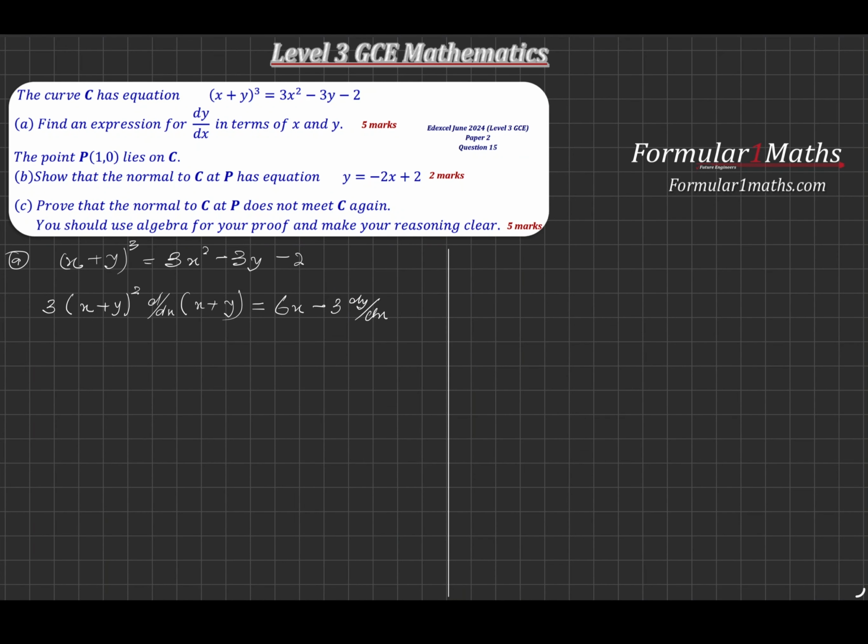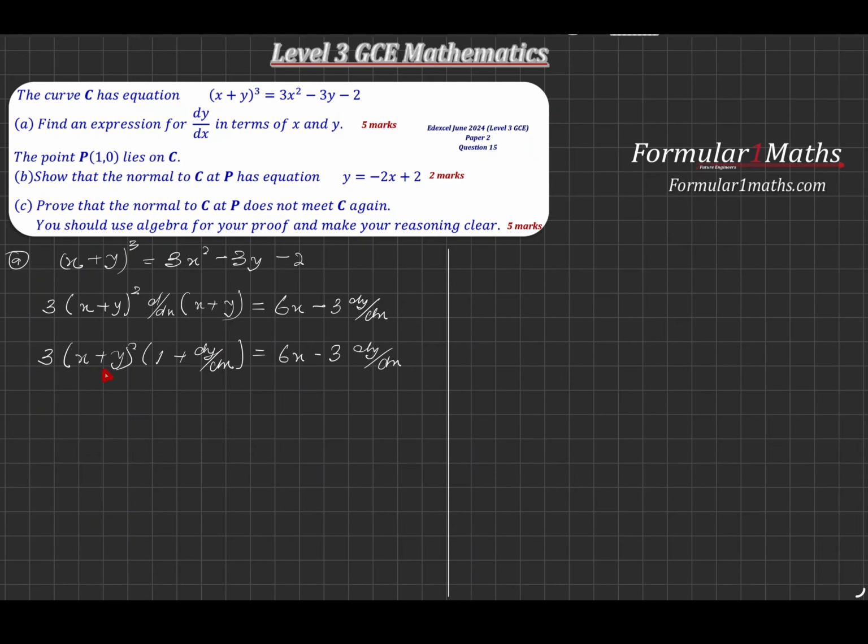So then I have 3(x + y)^2, and differentiating what is in the brackets, I get 1 as the differential of x plus dy/dx as the differential of y. So that is equal to 6x − 3 dy/dx.